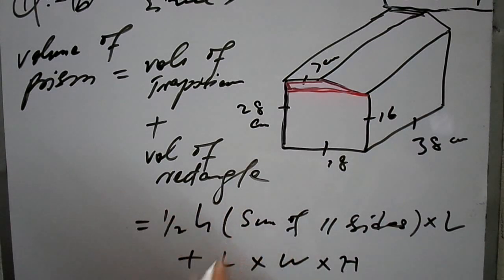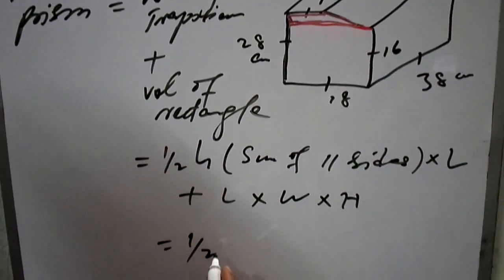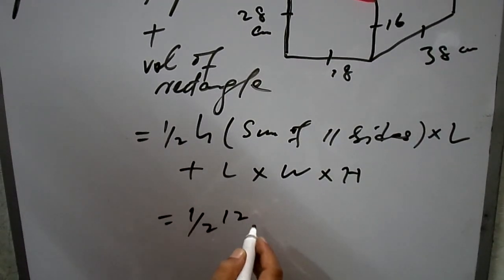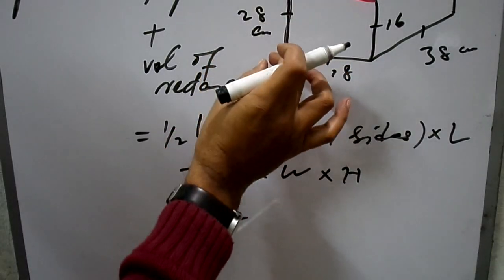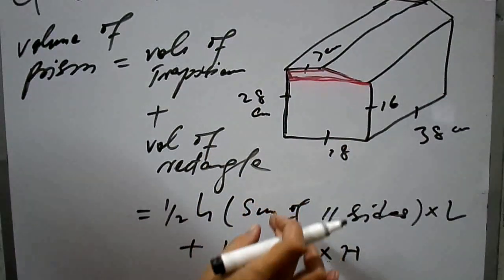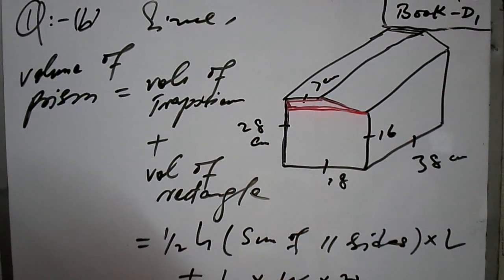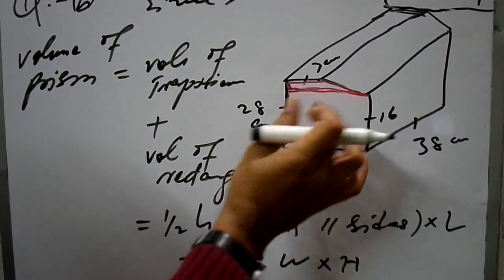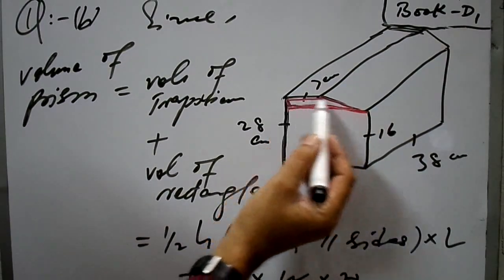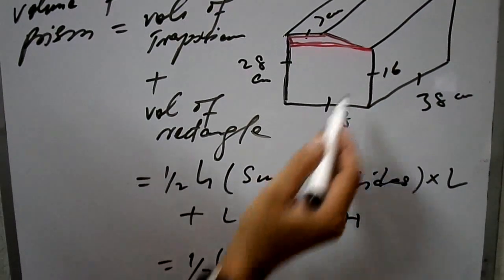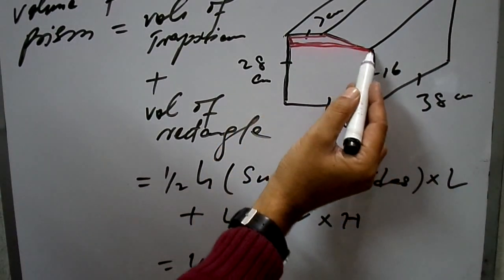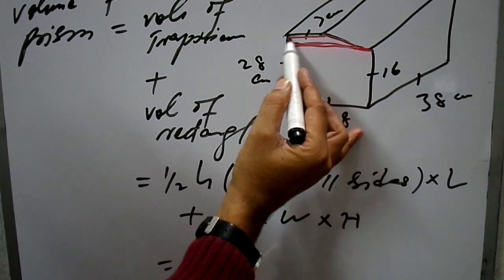So putting the values, what is your height? That is 12, because the whole height is 28, and the one here is 16. So how can you get 12? 28 minus 16, because you don't need this, only you need this.